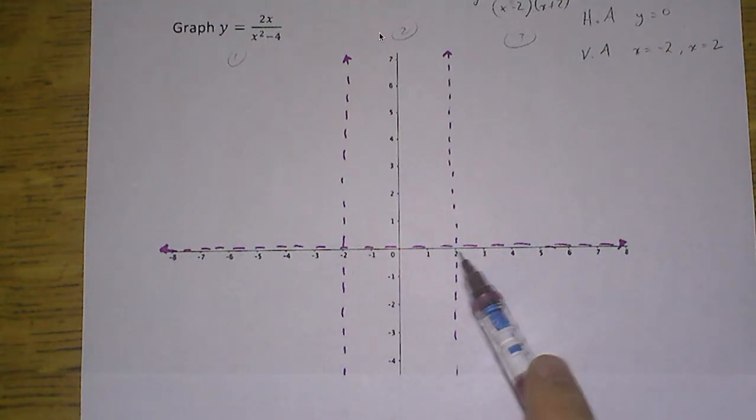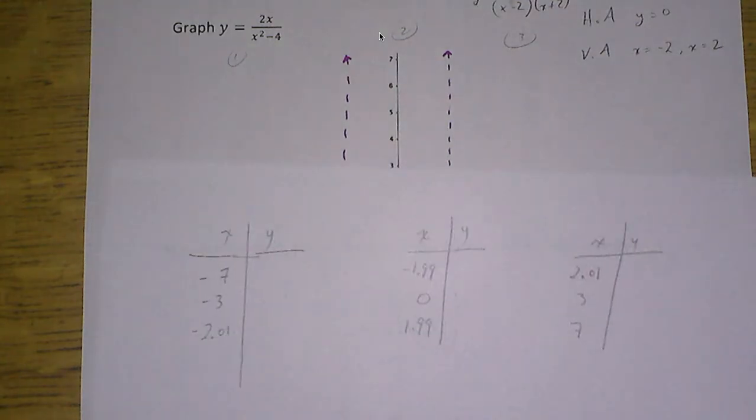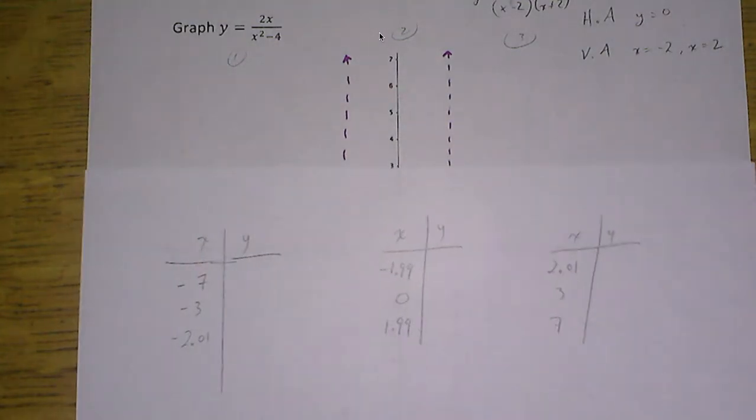Now, these get really close to the asymptotes. These are the x values that I've chosen. Hopefully they've made sense. Press pause and just simply fill out the table of values for each of these domains.